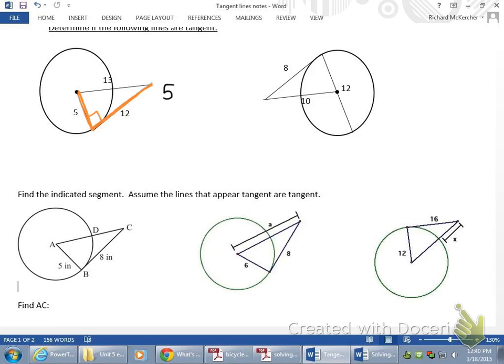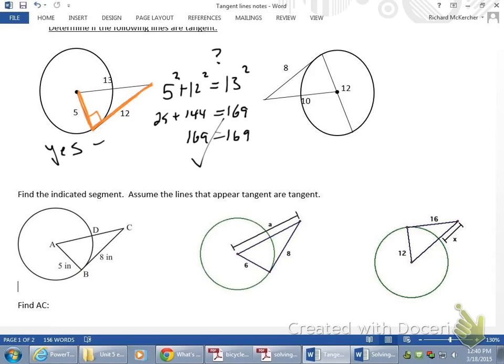That puts my right angle right here. So I try to use the Pythagorean Theorem. My question is, does the Pythagorean Theorem work? I'll go ahead and try it. And you can see that, yes, the Pythagorean Theorem did work. 169 equals 169. Therefore, that line is tangent.